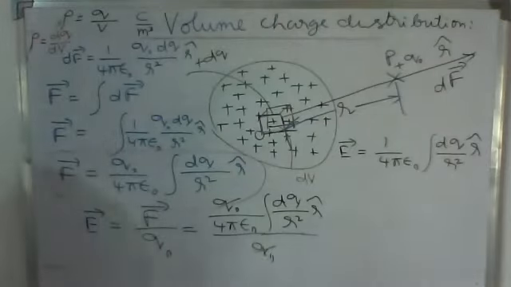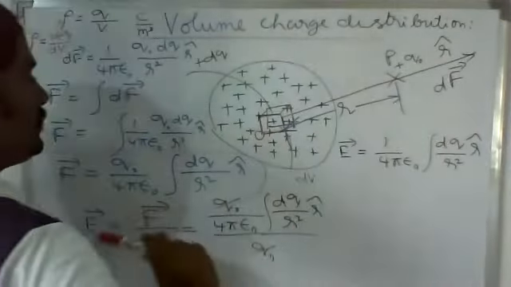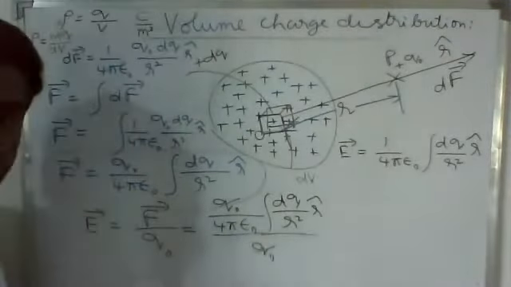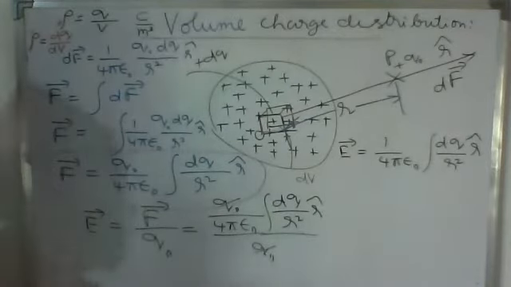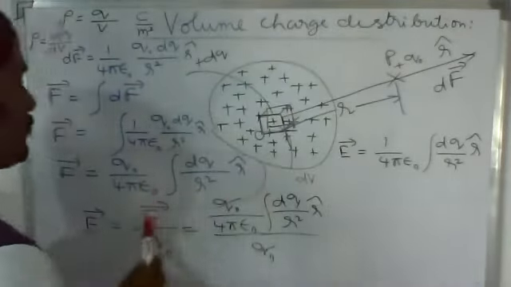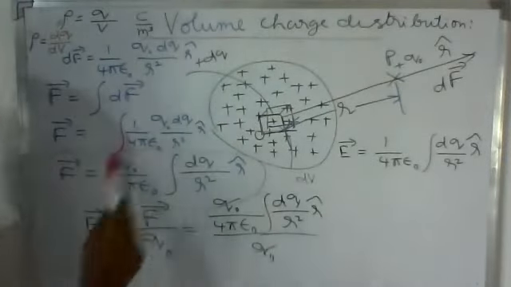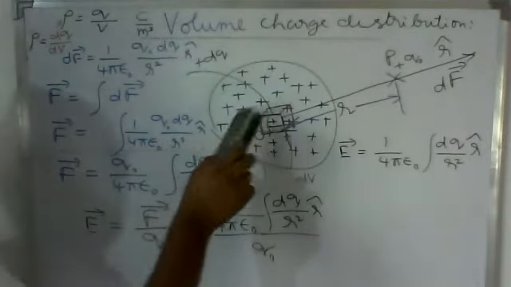Okay, so what is the net force acting on plus Q naught due to the entire volume charge distribution? That can be calculated by using this formula: F vector is equal to Q naught divided by 4 pi epsilon naught integration of dq divided by r square into r cap. Here dq means the charge contained in a small volume dV.